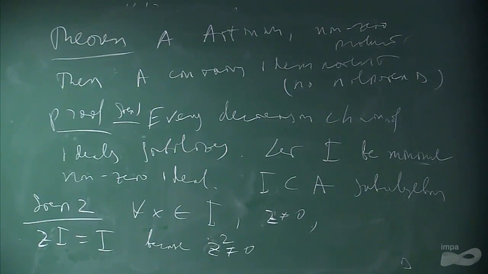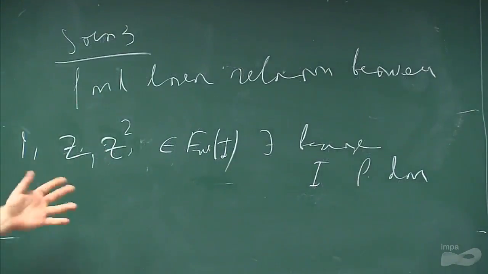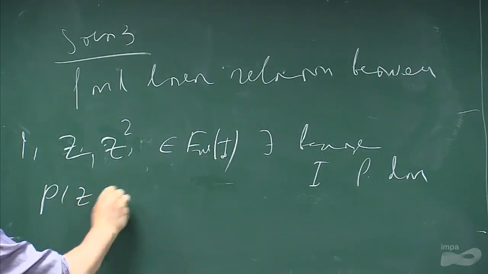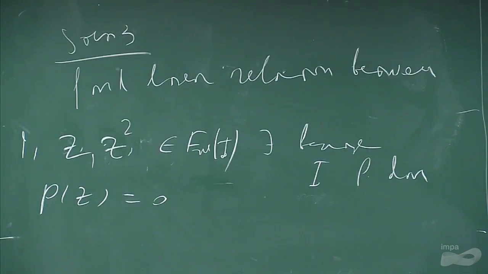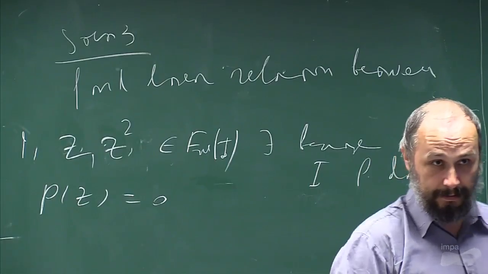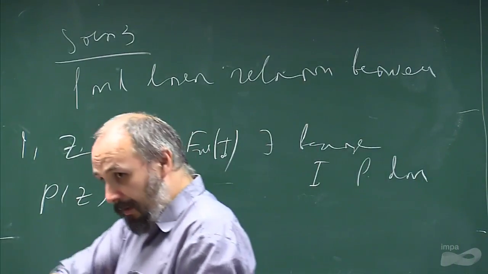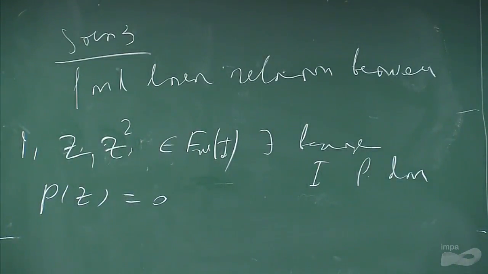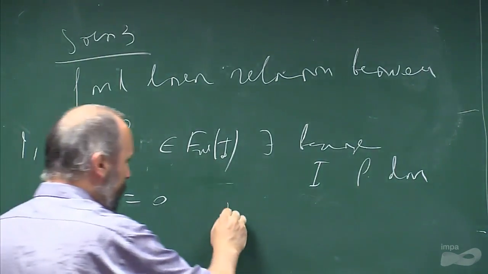Now, z is invertible. So if you have p of z equals 0, and the free term is 0, you can just divide it by z. After you do that several times, you obtain a relation with a non-zero free term.